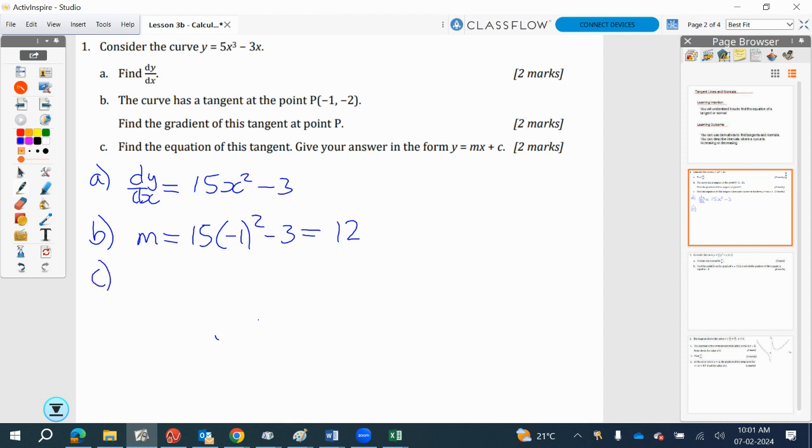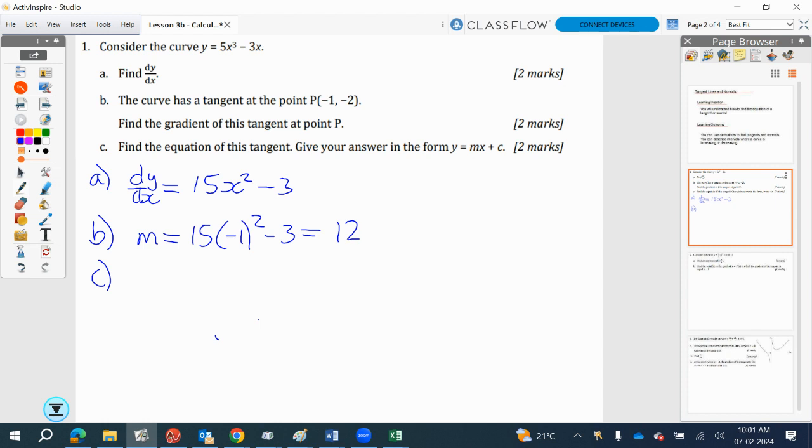Find the equation of the tangent and give your answer in the form y equals mx plus c. I'm using y equals mx plus c, is that fine? Yeah, it's the same. Because you're aiming for that form, maybe you'll go with that form.